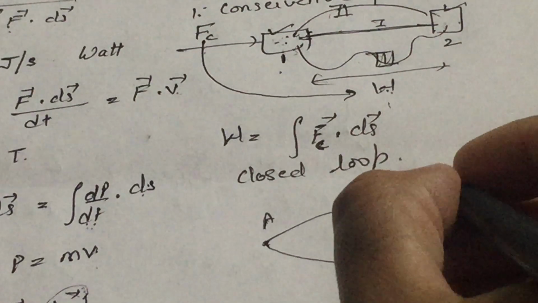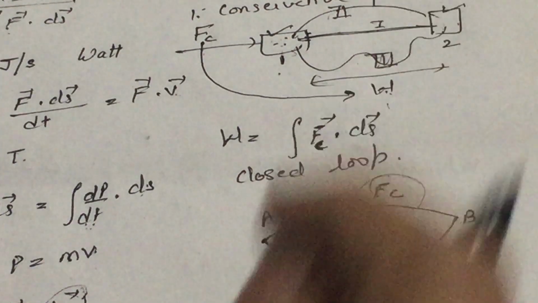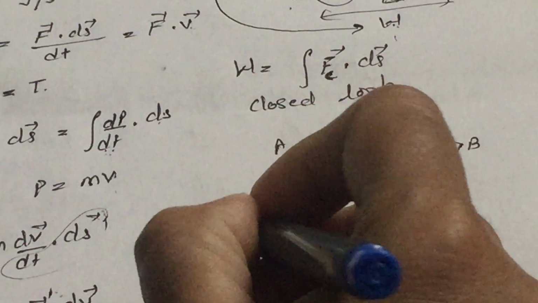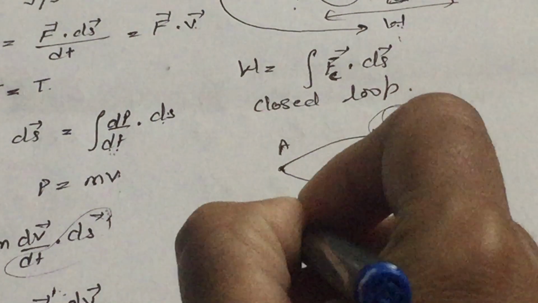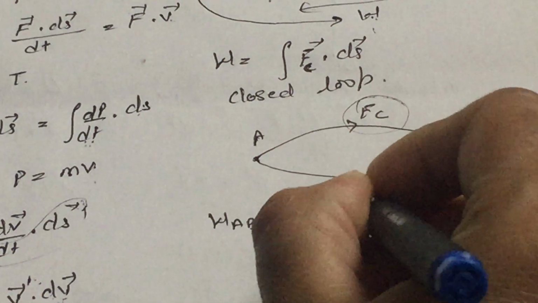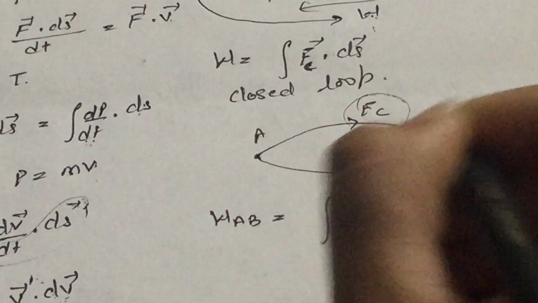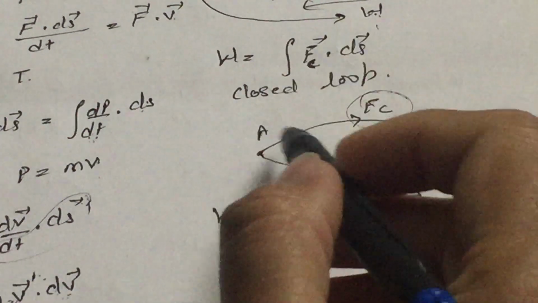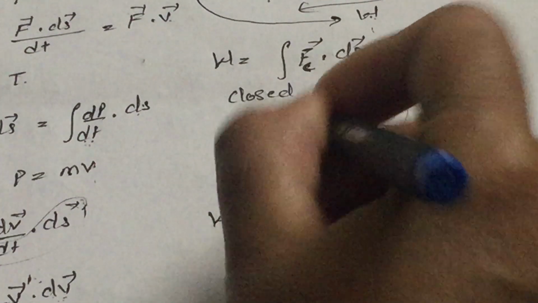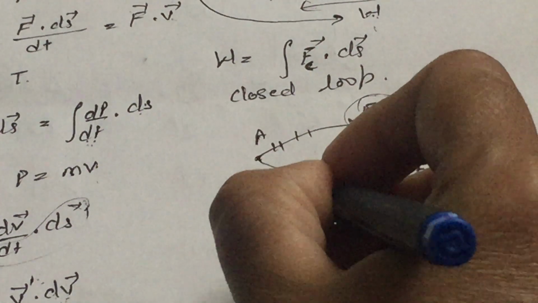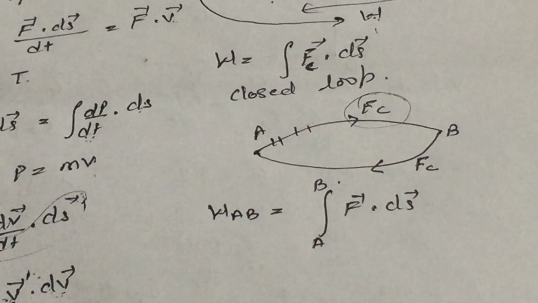Then for the first path, what will be the work done from A to B? The work done from A to B is given by the integral of F dot ds. Let us consider the small parts of this path are represented by ds, and the initial position is A and the final position is B.